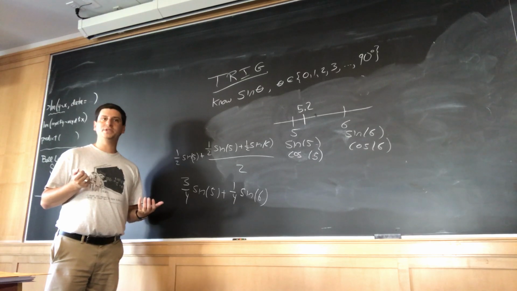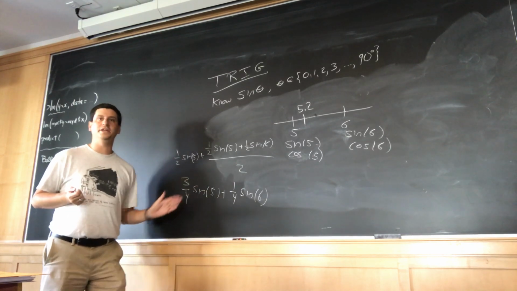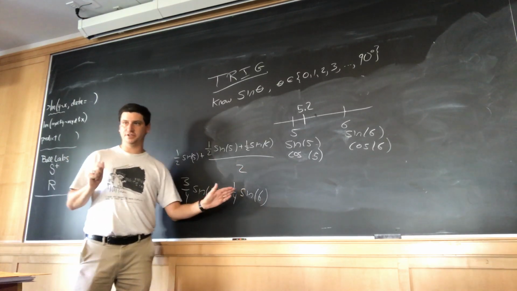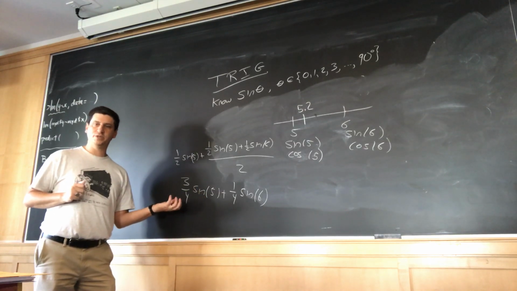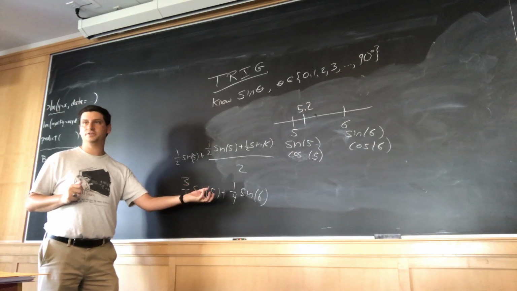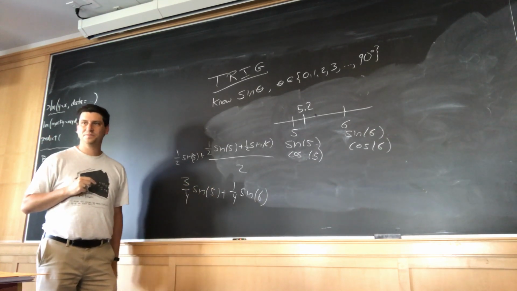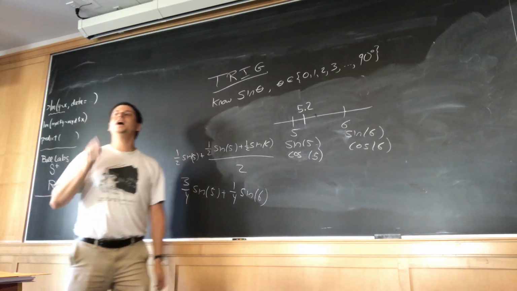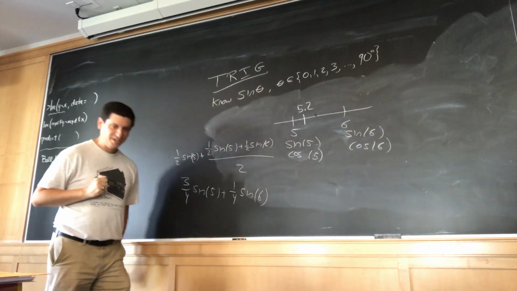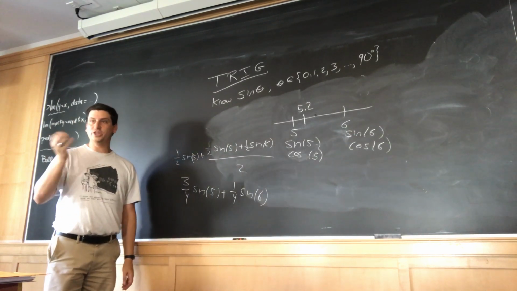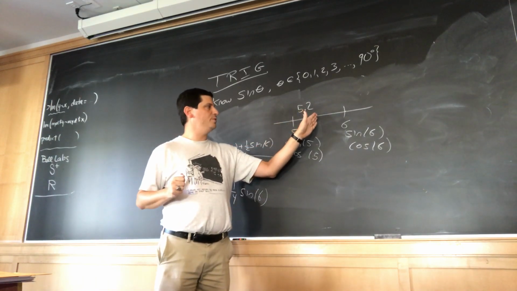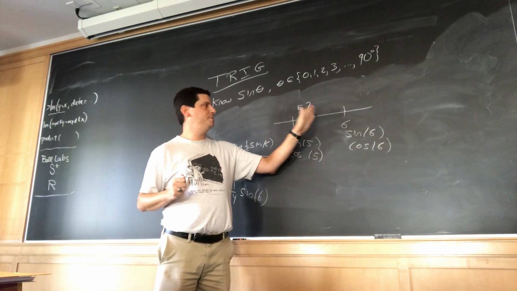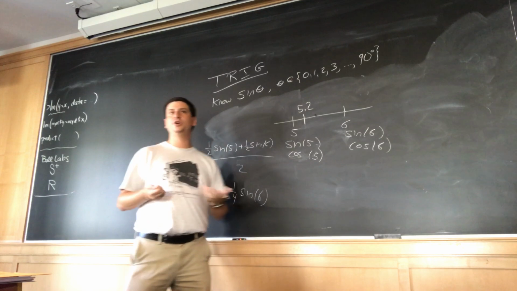So basically what I'm saying is I'm assigning weights to the value of sine of 5 and sine of 6. And I'm going to have sine of 5 weighted more heavily because I'm closer to 5 than I am to 6. Why for the weights wouldn't you just choose the distance? Like, so instead of 3/4, choose 0.8 and instead of 1/4 choose 0.2? Yes, so that would be a better way to do that. The idea that was coming from over here was, let me take the halfway point, and then take halfway between that, and that should be a good approximation.